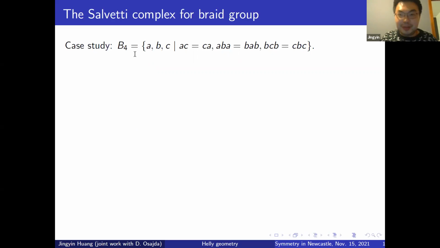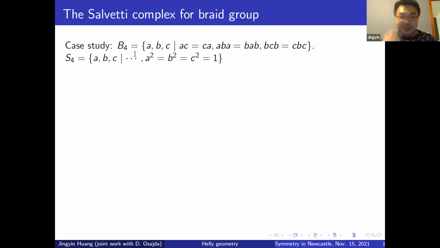What I want to do is something similar to what we did before. We start with some kind of Helly graph and then add some beads to make it non-positively curved in some sense. Now I want to explain what I want to start with.